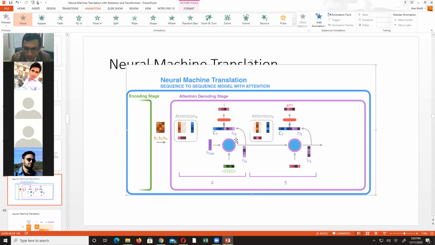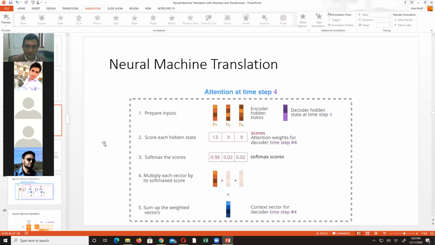Then H4 is sent here. This acts as the hidden state for the next stage decoder. The input will be provided from here, right? Again, this time C5 is estimated in the same way as C4 was estimated by this calculation, right?